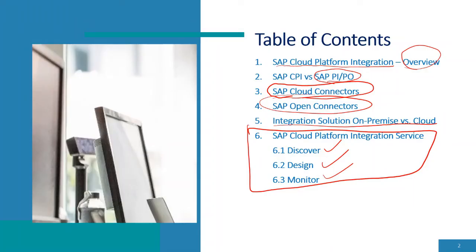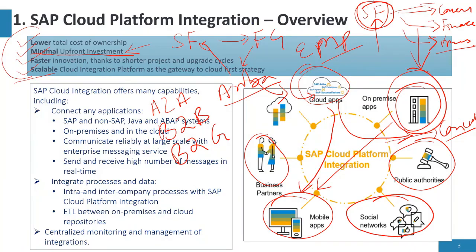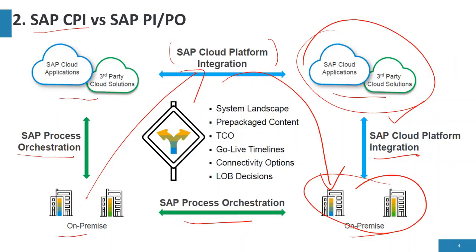What we understood is the use of middleware, how middleware is going to help us connect A2A systems, B2B systems, and B2G, that is business to government. What are the advantages of using CPI compared to on-premise PI/PO or any on-premise systems? And also when you should be using CPI and when you should be using PI/PO.